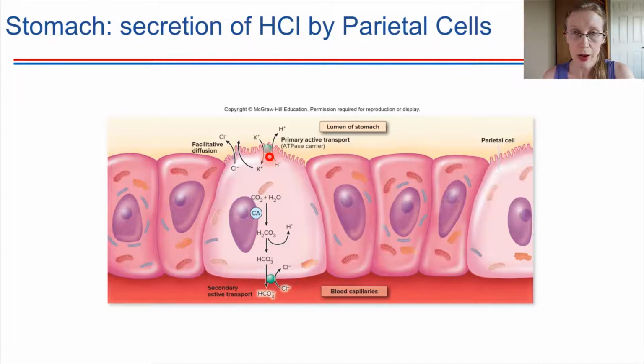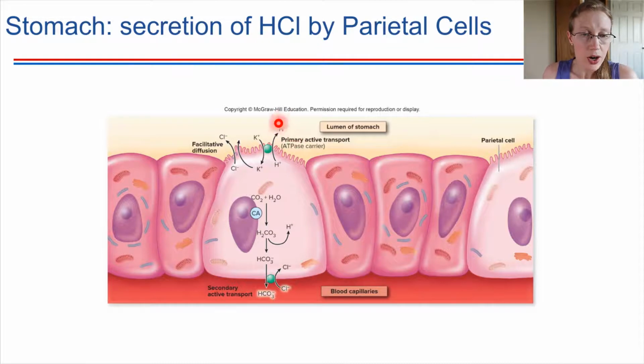What it's going to pump or transport is two things. It's going to pump protons, so hydrogen ions. It's going to pump those out of the cell, and at the same time it's transporting potassium ions into the cell. So we have antiport going on, two different ions moving in two different directions. They're sort of like trading places.